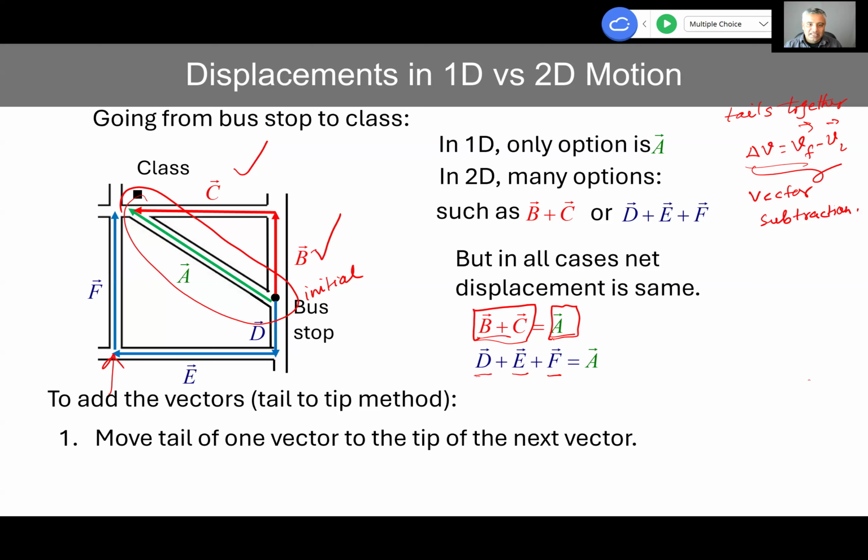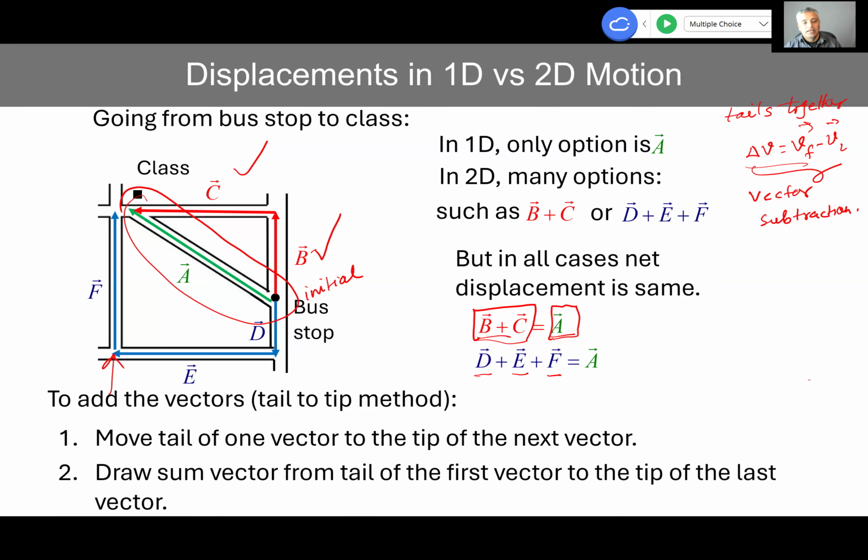The tail of B, right? And it goes to the tip of C. So tail to tip again. You come back to the tail of the first vector you draw and go to the tip of the last vector you draw. No matter how many vectors there are, you follow the same method.